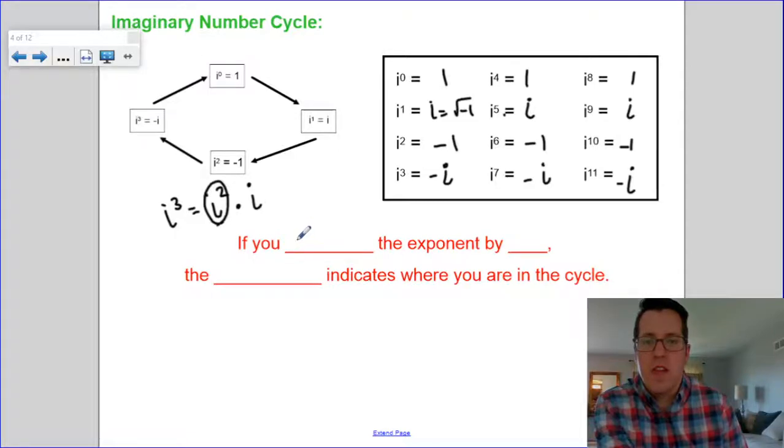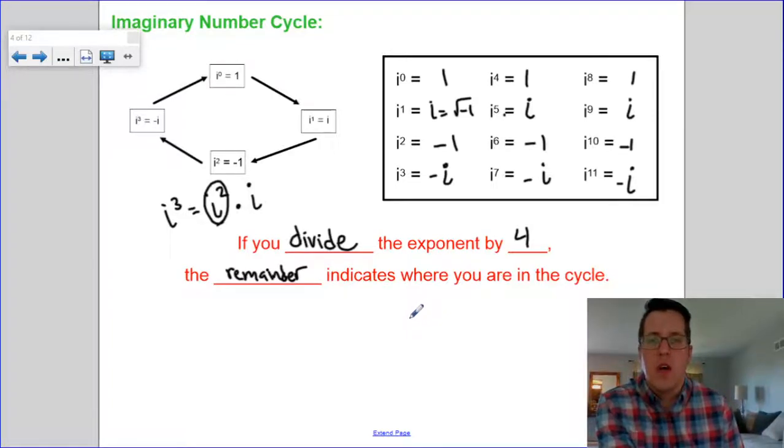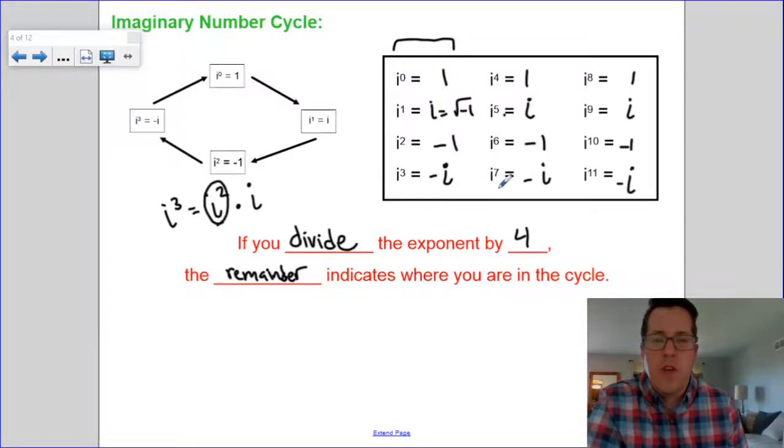Because we can see that if we divide the exponent by 4, the remainder indicates where we are in the cycle. Now, how did I know to divide by 4? Well, I see groups of 4 here repeating in the cycle. And I know, for example, if I do 7 divided by 4, that's 1 with a remainder of 3, which gets me right back at this.